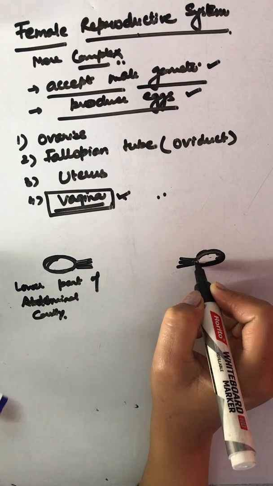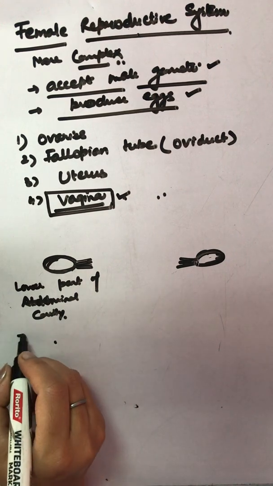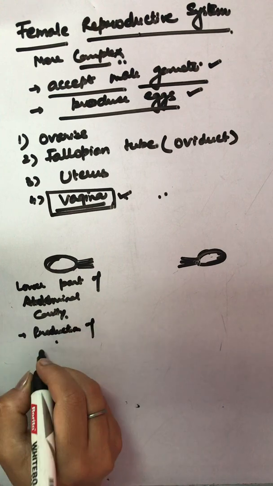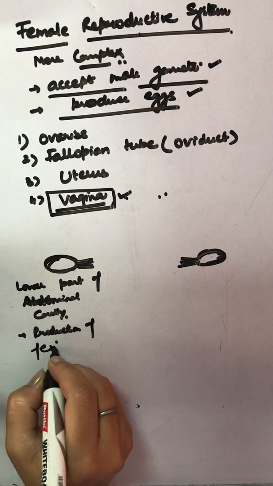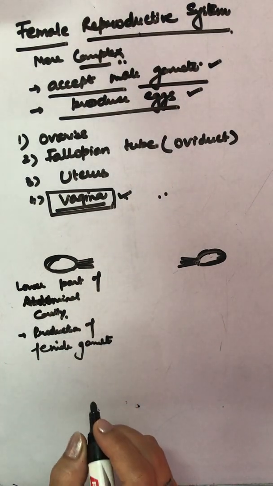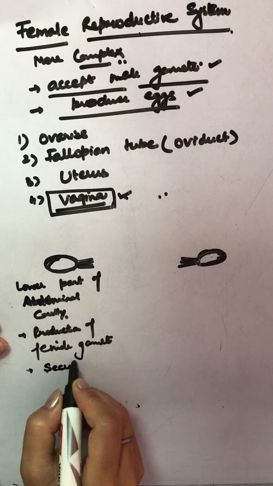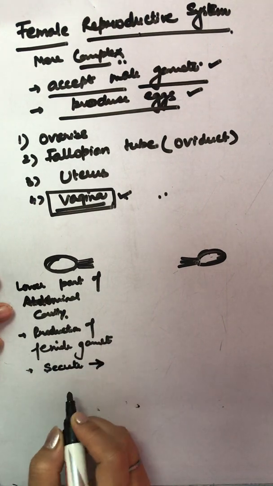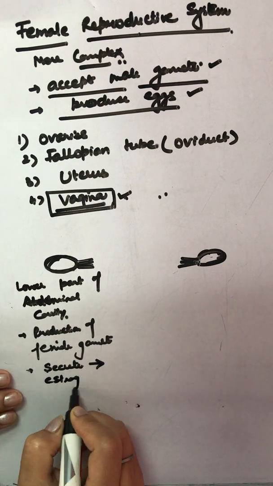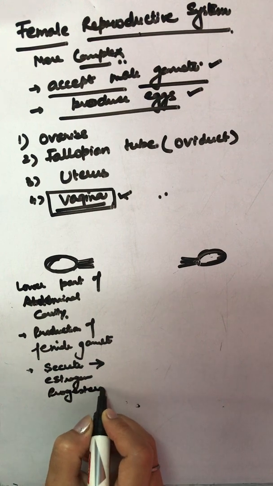The ovaries are the primary sex organs because they help in the production of the female gamete, which we call egg, and they also secrete hormones. We know there are two hormones secreted here: one is estrogen, another one is progesterone.